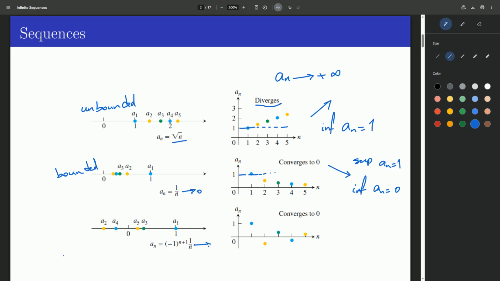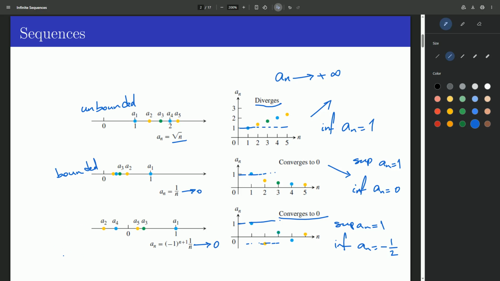When n approaches infinity, this one also approaches 0. It means that it is convergent, or it converges to 0. Terms of the sequence are between these two values. This means that the supremum of this sequence is 1, and the infimum of this sequence is this term, which is minus 1 over 2, the second term of the sequence, and the limit is 0.